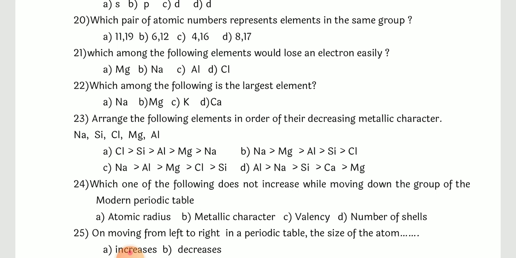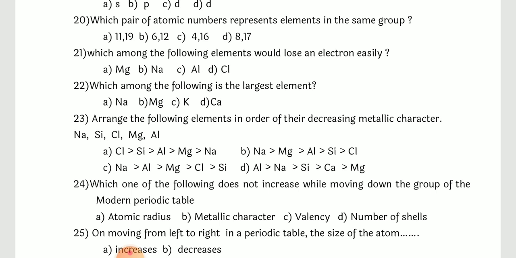23rd, arrange the following elements in order of decreasing metallic character: sodium, silicon, chlorine, magnesium and aluminum. These are the elements. Sodium belongs to the S block, that is the first group.